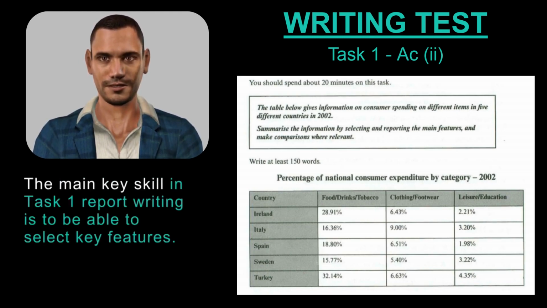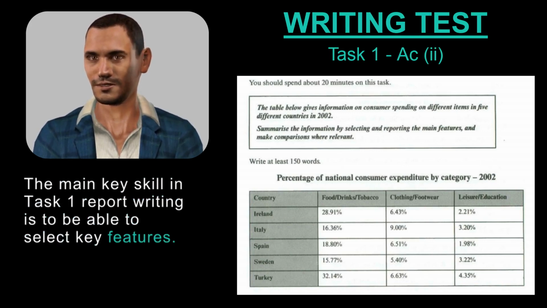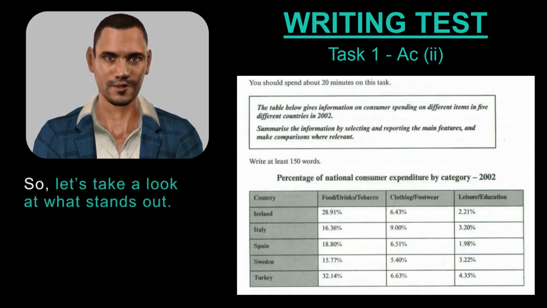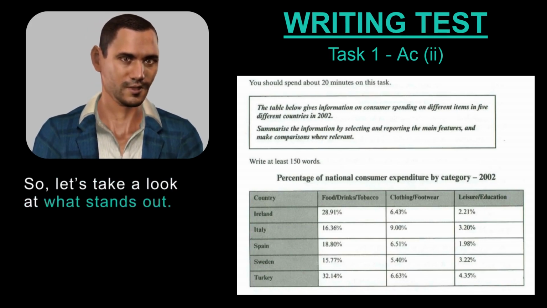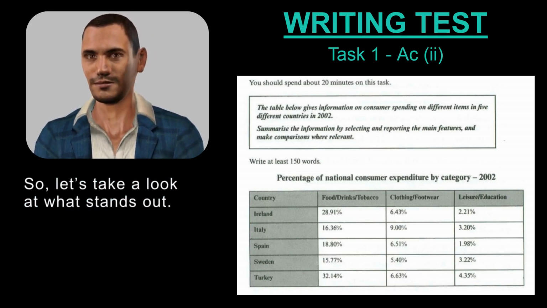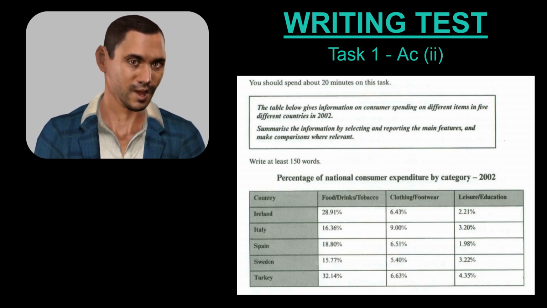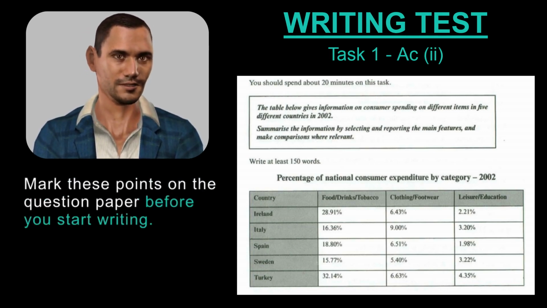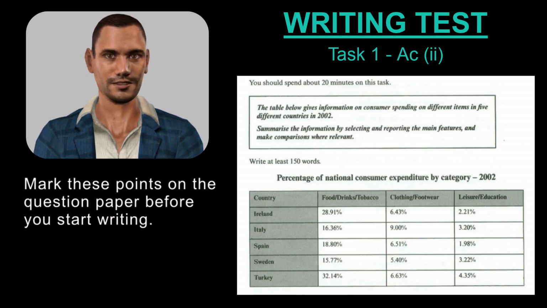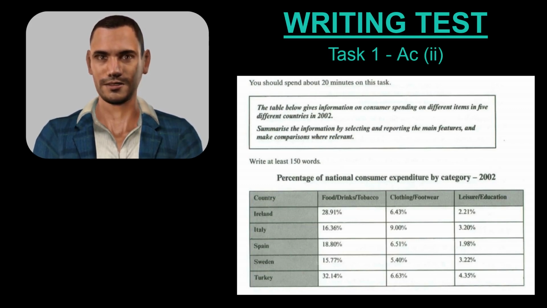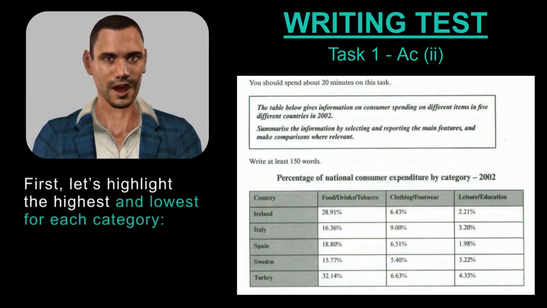The main key skill in Task 1 report writing is to be able to select key features. So, let's take a look at what stands out. Mark these points on the question paper before you start writing. First, let's highlight the highest and lowest for each category.